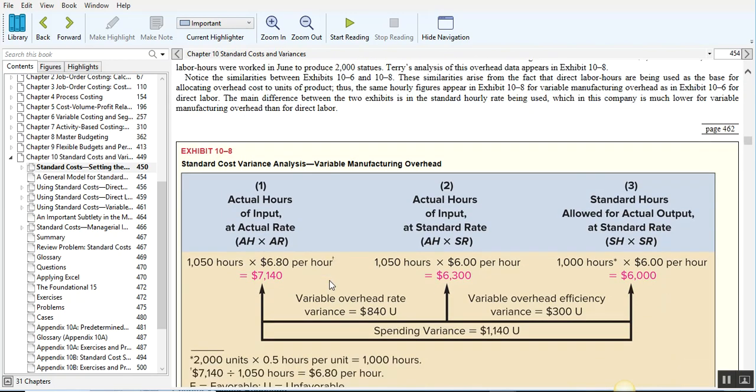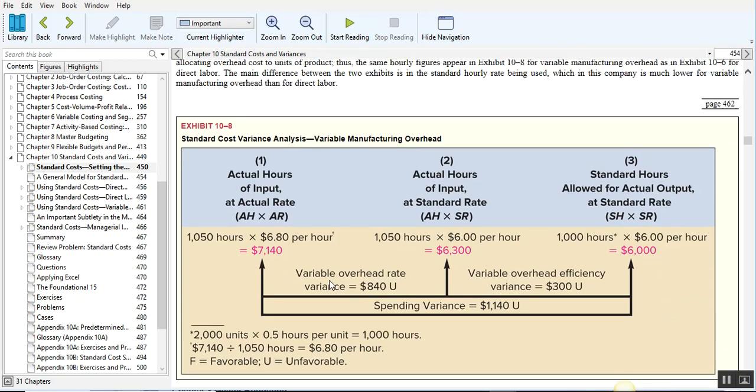Now here's an example of what we do when we're looking at variable manufacturing overhead, and we're looking at the cost variances here. Again, what we're doing is we're basing variable overhead on the hours of direct labor. That was our standard, our company-wide standard. So we start over here with the standard hours times the standard overhead rate to get what we believe would be the standard for variable overhead.